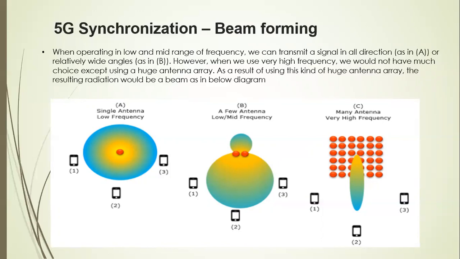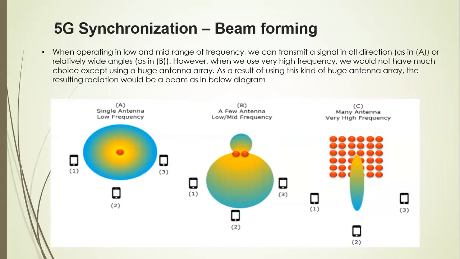Hence, when these many beams are forming, obviously we need techniques for beam management and beam shifting. When the device is moving from one place to another, it has to be moved from one beam to another beam. All these kinds of algorithms are defined in 3GPP specifications.